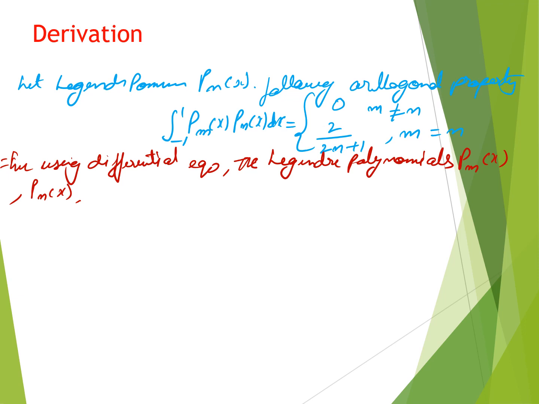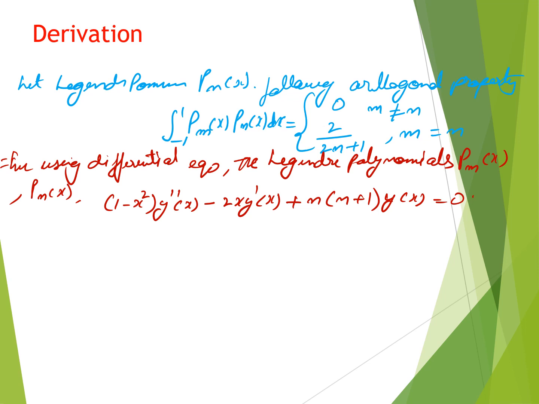The equation is (1 - x^2) y'' - 2x y' + n(n+1) y = 0. If Pm(x) and Pn(x) are the polynomial solutions of equation 1, then they must satisfy it.